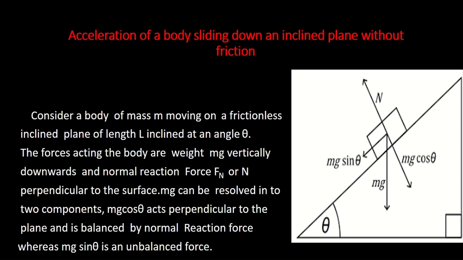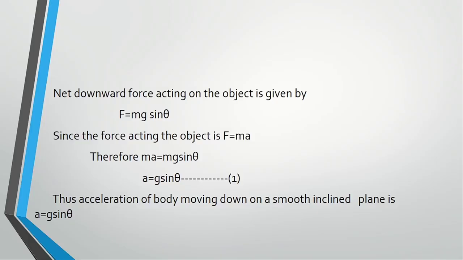Here mg cos theta is exactly balanced by the normal force, and the force parallel to the inclined plane, mg sin theta, is an unbalanced force. When the body is sliding down the inclined plane, the total downward force acting on the object is given by mg sin theta.